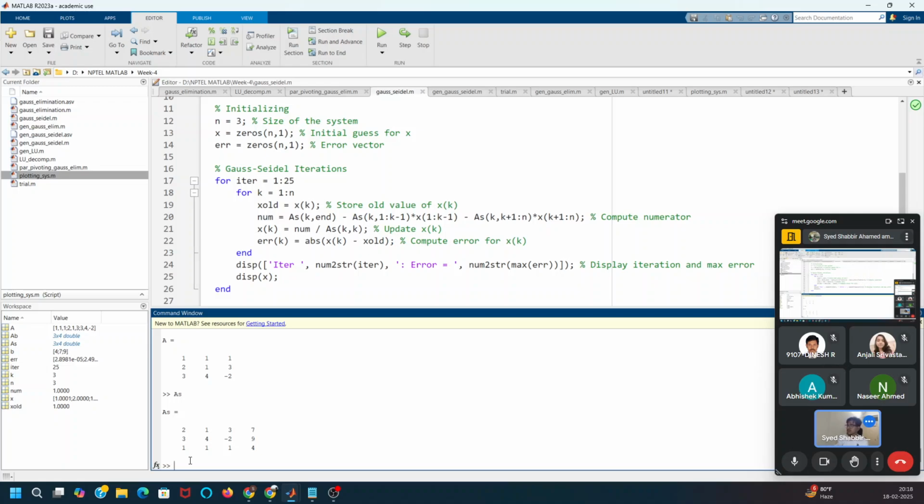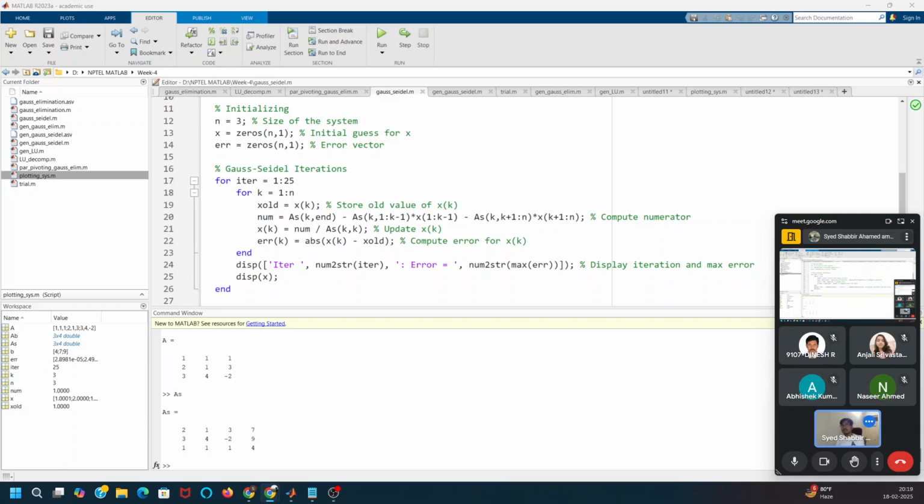If you are not getting convergence, it means some condition is not getting satisfied. So some other things you have to get.